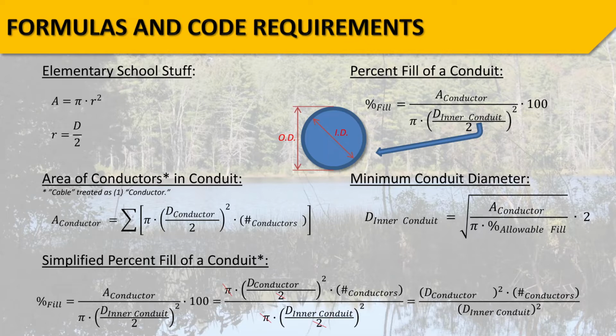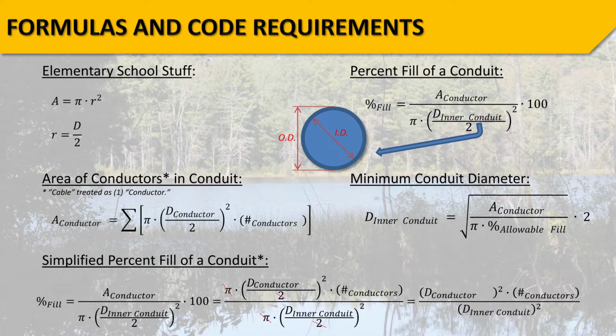So effectively, if you break down the area of the conductor formula and add that portion into the percent fill formula, you can cancel out the pi's, you can cancel out the 2's in there, and basically you're just left with the diameter of the conductor squared times the number of conductors divided by the diameter of the inner conduit squared. We will demonstrate using this formula on the first example, but moving forward we're going to do everything the long way, because why wouldn't we want to make extra work for ourselves?